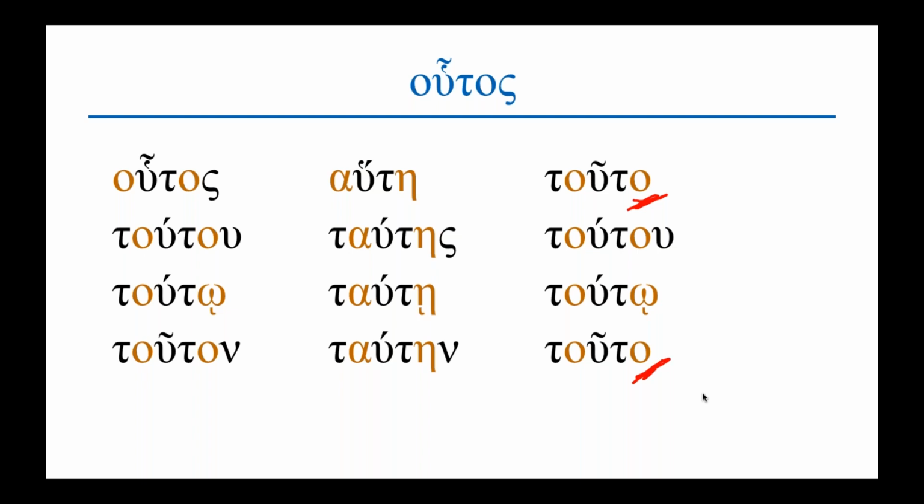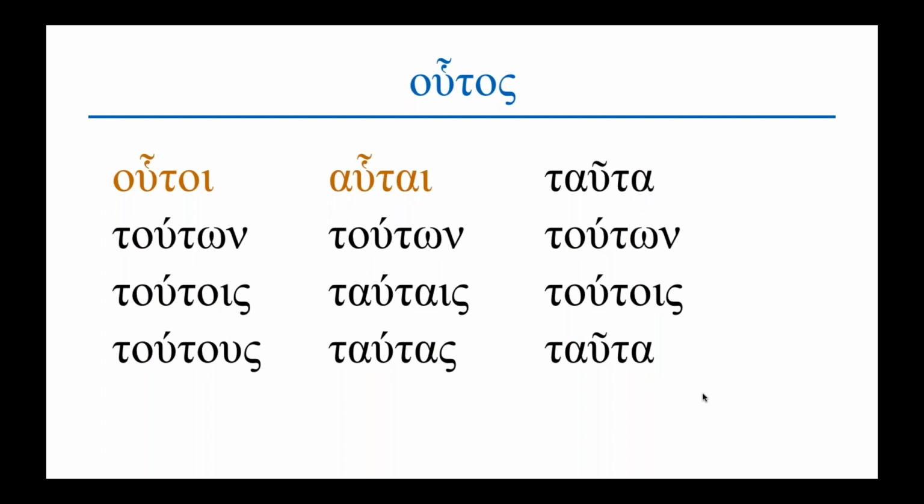The rest of this you can look at and you can see it's basically what we've already learned. So houtos, toutou, touto, touton, that's the masculine; haute, tautes, taute, tauten; touto, toutou, touto, touto. So the big thing that you need to remember, or a couple of big things, no tau in the masculine and feminine singular, and then no nu in the nominative and accusative.